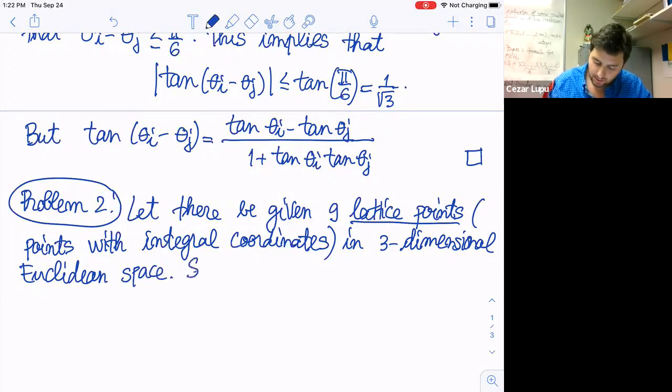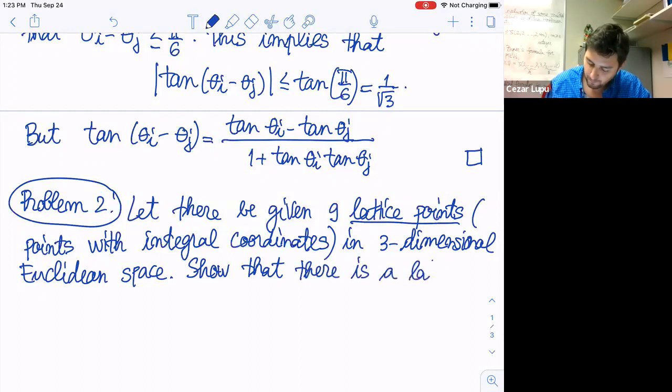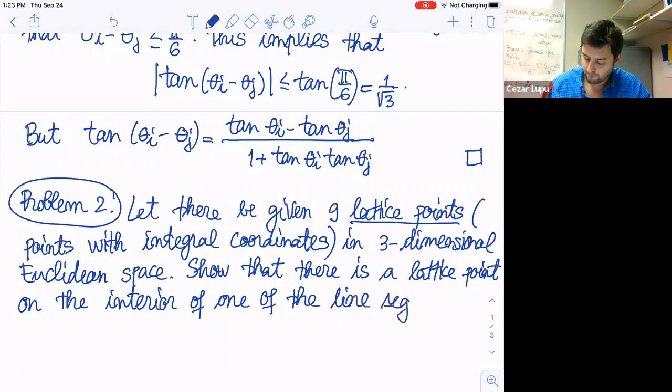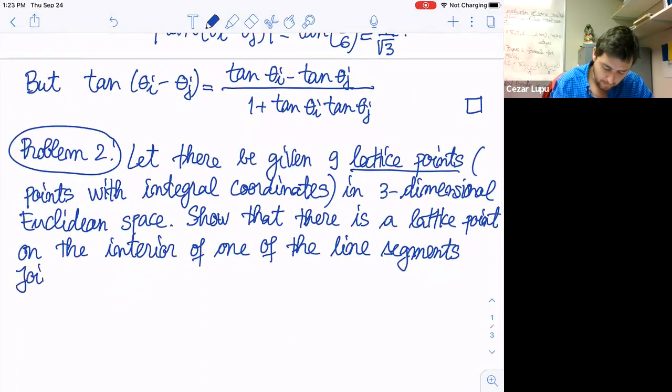And then it says: show that there is a lattice point on the interior of one of the line segments joining 2 of these points.